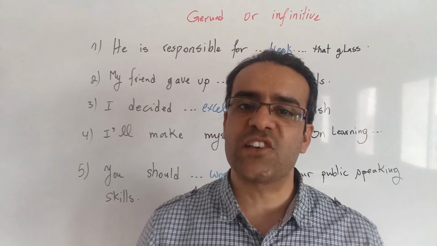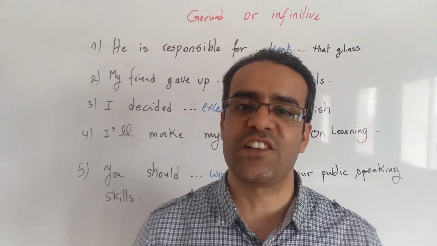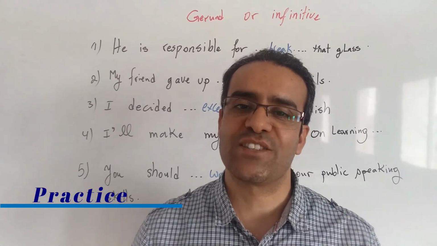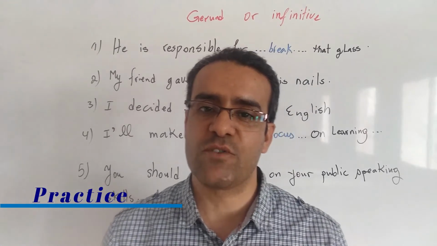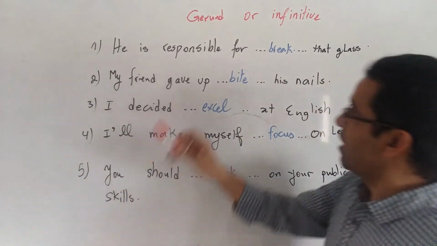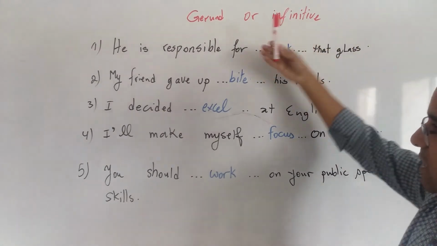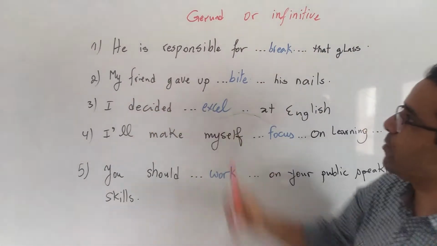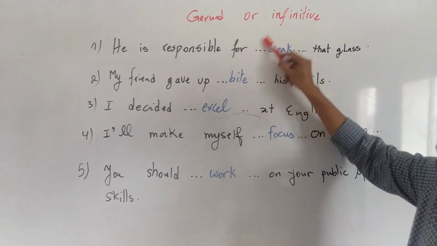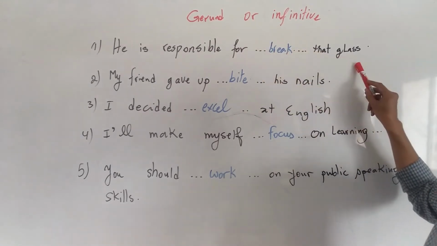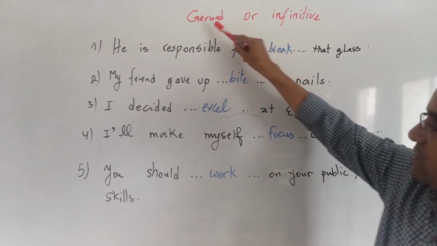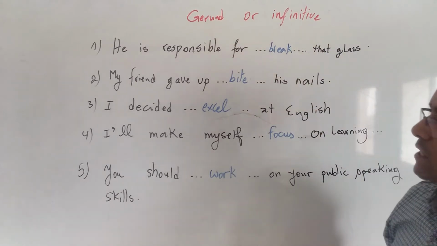Alright, now time has come to check your understanding and see if you got the point or not. So here is the exercise. Use gerund or infinitive. Let's read. He is responsible for, and the verb is break, that glass. So put this break in gerund or in infinitive.